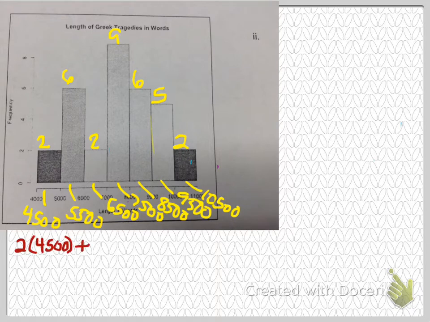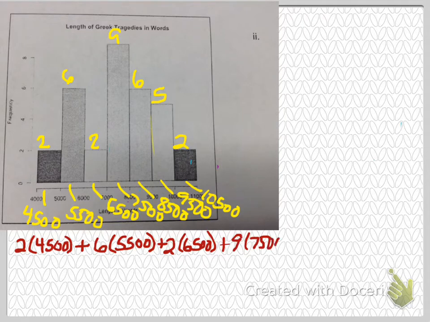Then we're going to add that to the next bin that had 6 things in it and multiply 6 times 5,500. And we'll continue doing the same thing with the next bin. We're going to do 2 times 6,500, we'll end up doing 9 times 7,500, and we'll do 6 times 8,500.